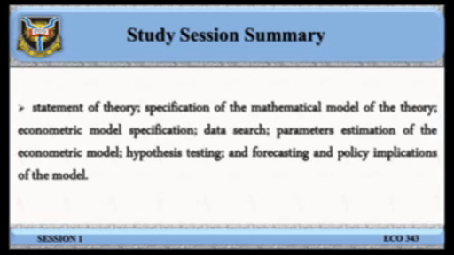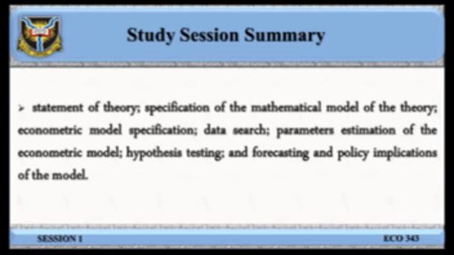Study section summary. In this study section, you learned that econometrics deals with the application of mathematical statistics in the analysis of economic data, which lends empirical support to the models constructed by mathematical economists and is used to obtain numerical results. Also, you learned the steps involved in adopting econometric analysis.